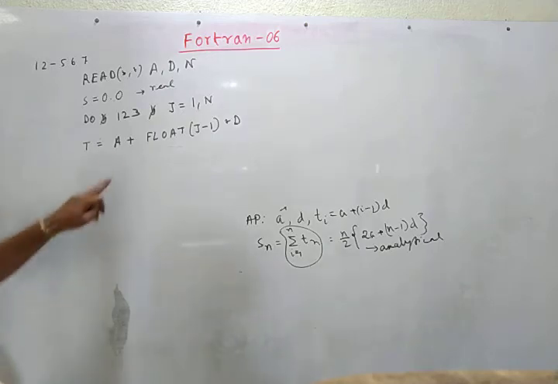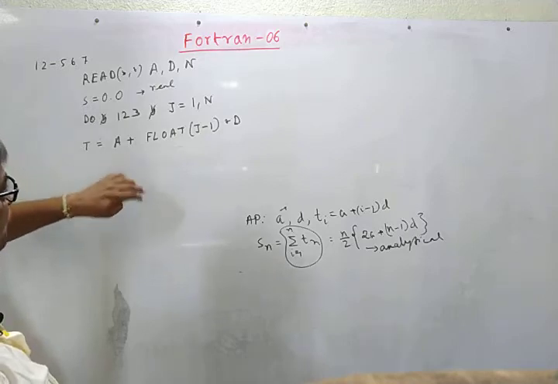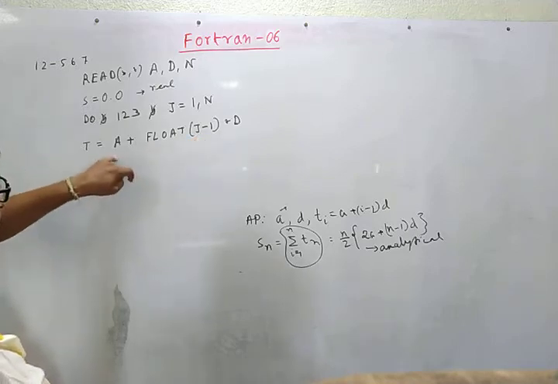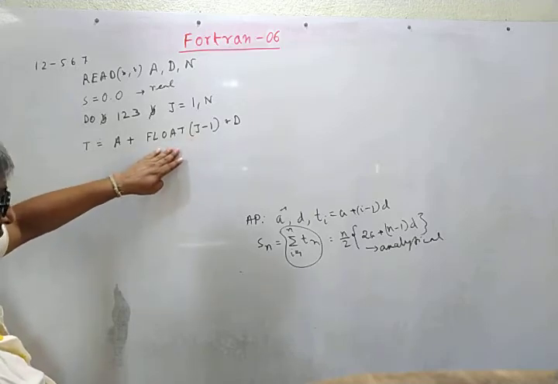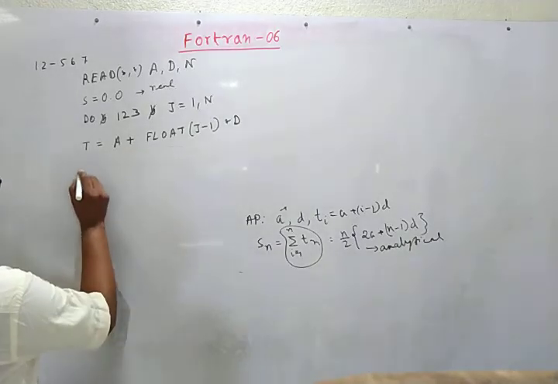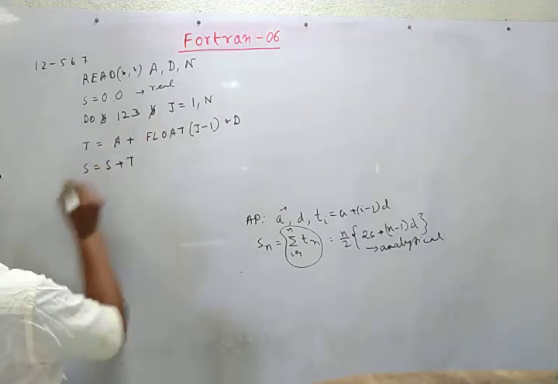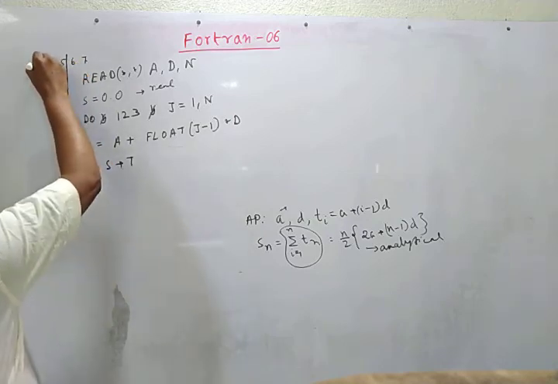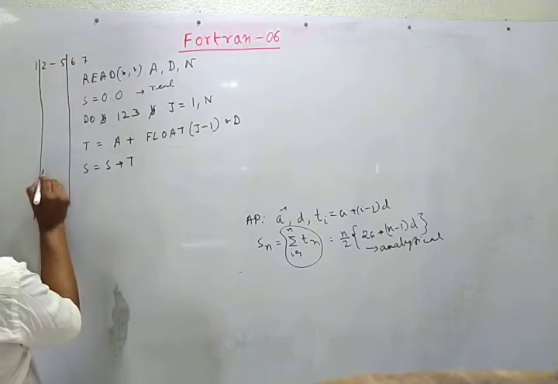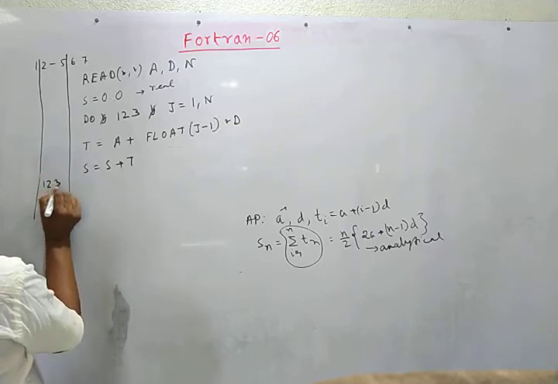So what it does, for the first j = 1, the term is a, and for j = 2, the term is a + d. For j = 3, the term is a + 2d, and so on and so forth. And then s = s + term, and within these four columns I write 1, 2, 3.